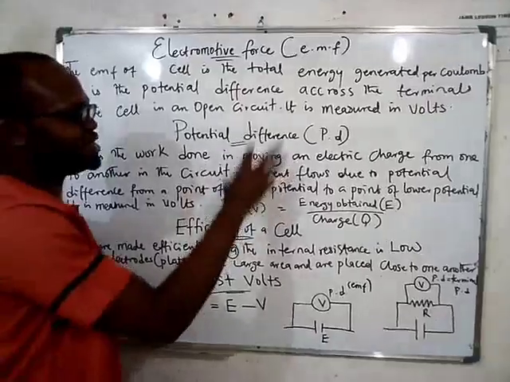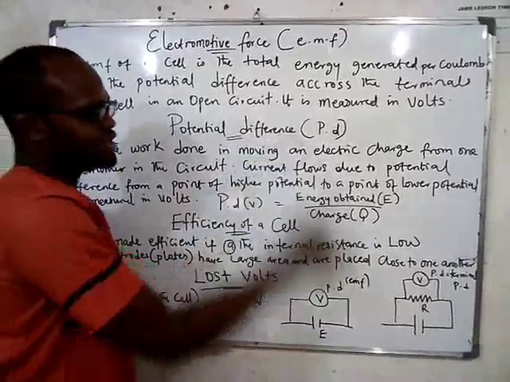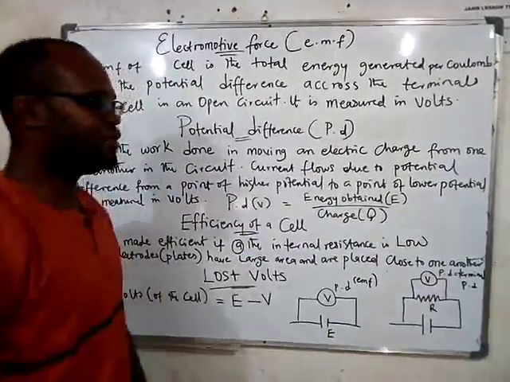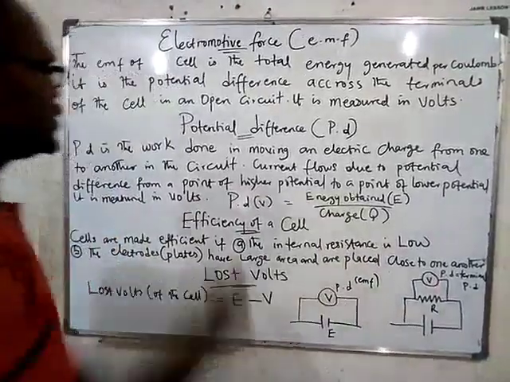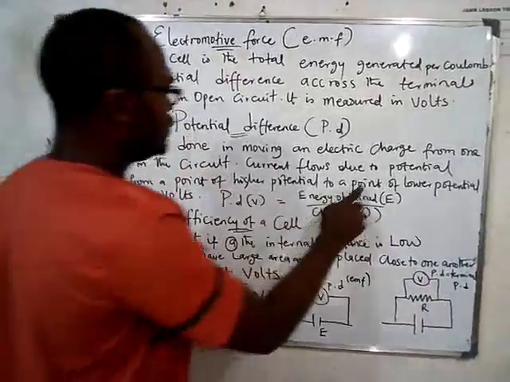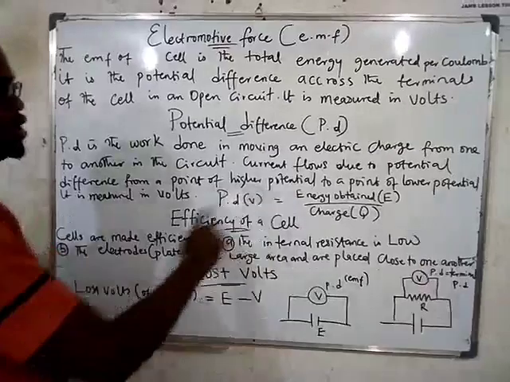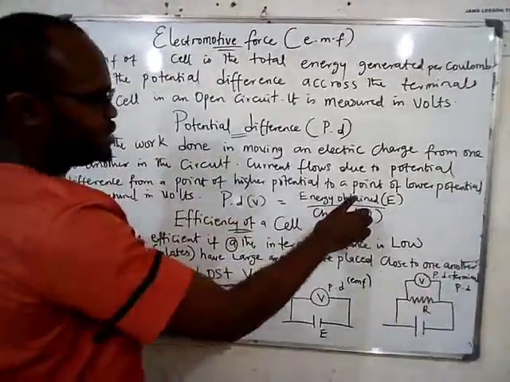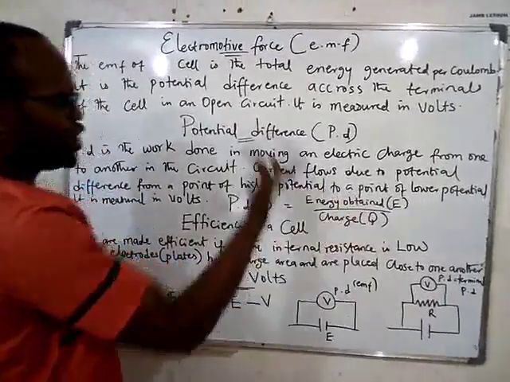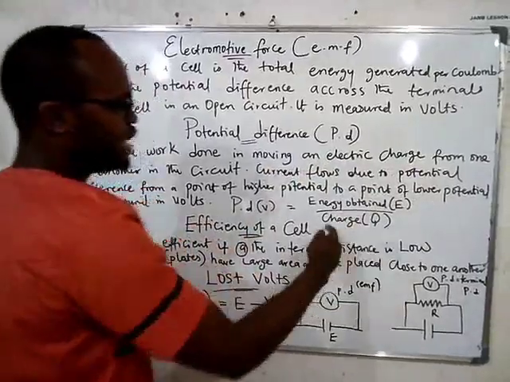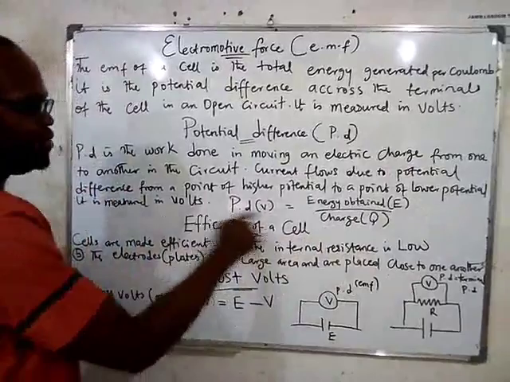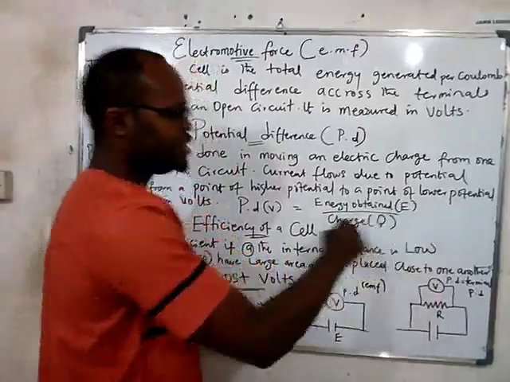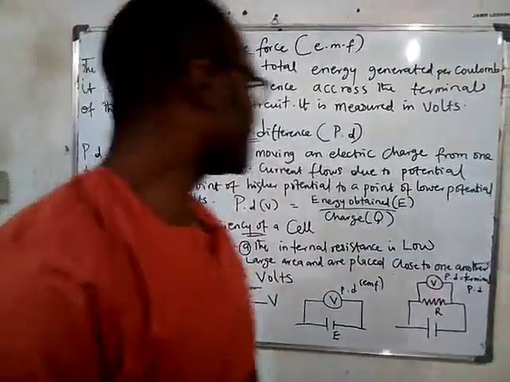Whereas potential difference is the same energy, but this time connected to other electrical components like a resistor. Potential difference is also measured in volts, and it is the energy or the work done in moving an electrical charge. So mathematically it can be represented as PD equals energy obtained over charge.